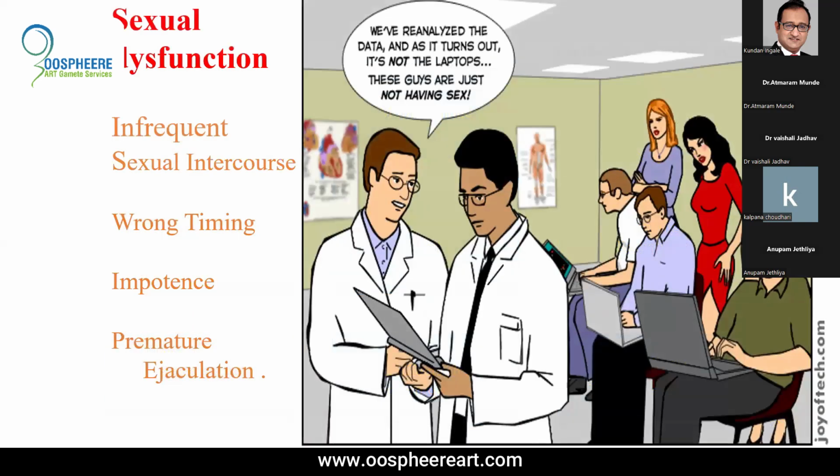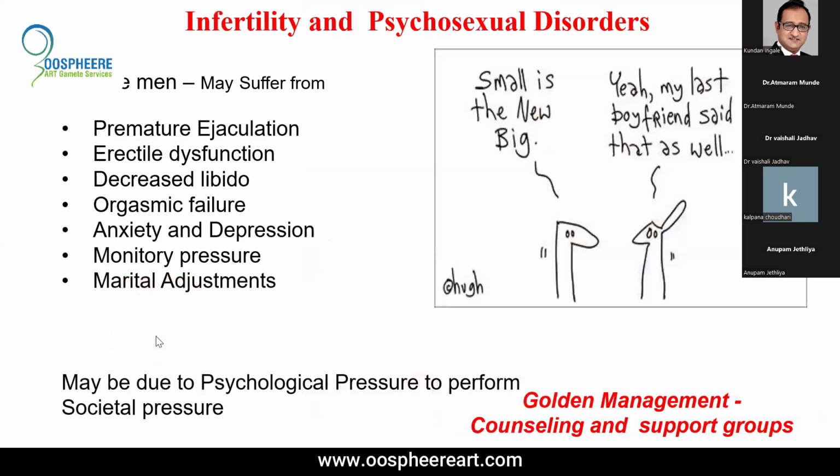Now, these are the men in the IT industry. They complain about difficulty in sexual relationship because of wrong timing. Most important, acquired impotence, that is, timely intercourse is very difficult, and a lot of them can have premature ejaculation.